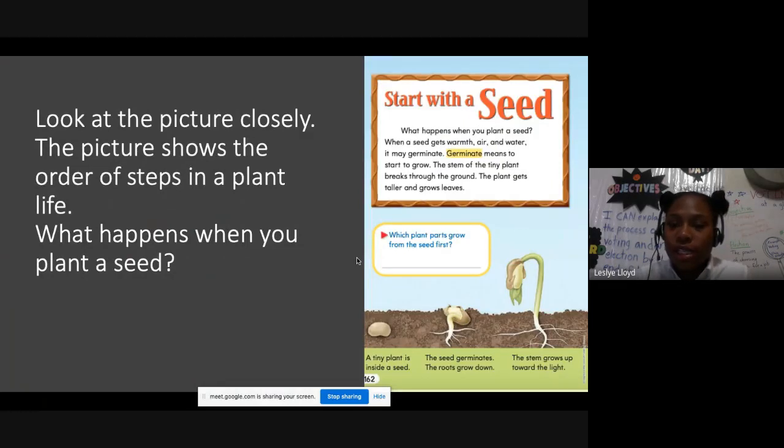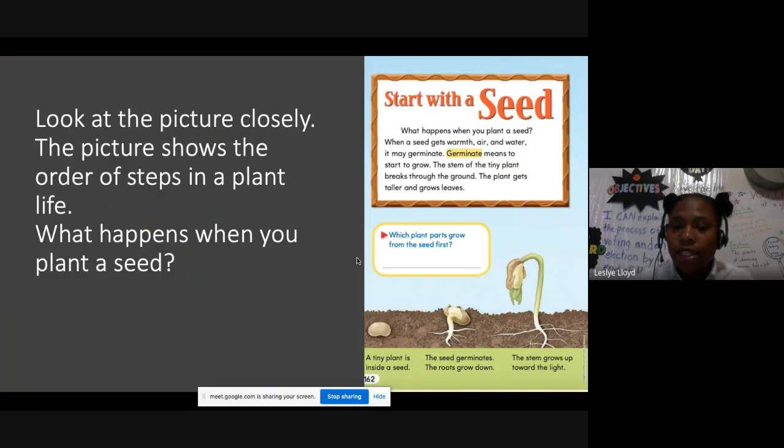So start with the seed. Ms. Lloyd is reading from the textbook. What happens when you plant a seed? When a seed gets warmth, air, and water, it may germinate. Germinate means to start to grow. The stem of the tiny plant breaks through the ground. The plant gets taller and grows leaves.